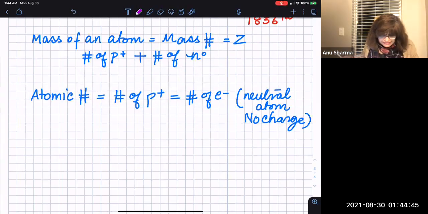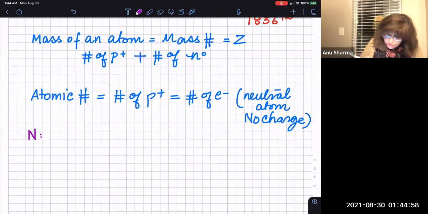Okay, let's say, for example, let's look at an example of nitrogen. So you will see two numbers on nitrogen.